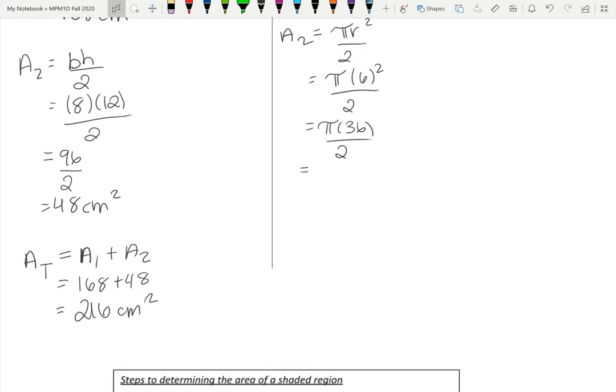So I'm going to simplify my numerator, 113.1, and then I'm going to divide it by 2, which is approximately 56.6 squared millimeters. Okay, and again, my total area is equal to my 2 areas added together.